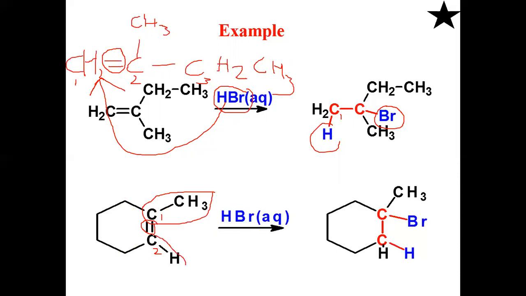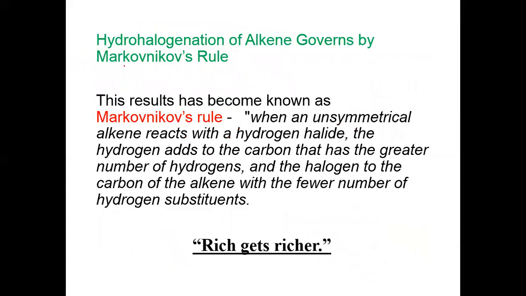But in carbon 2, you have an H here. So H ni goes to the carbon with more H kat situ. So H ni akan attach kepada carbon 2, Br ni akan attach kepada carbon 1. So this is your final product of hydrohalogenation. Okay. Now only Markovnikov rules.